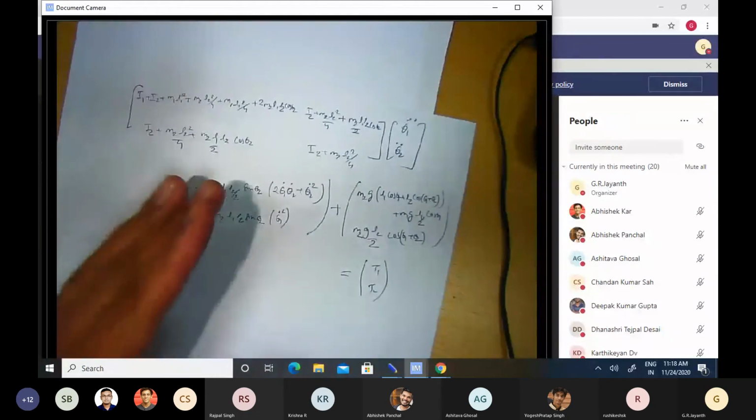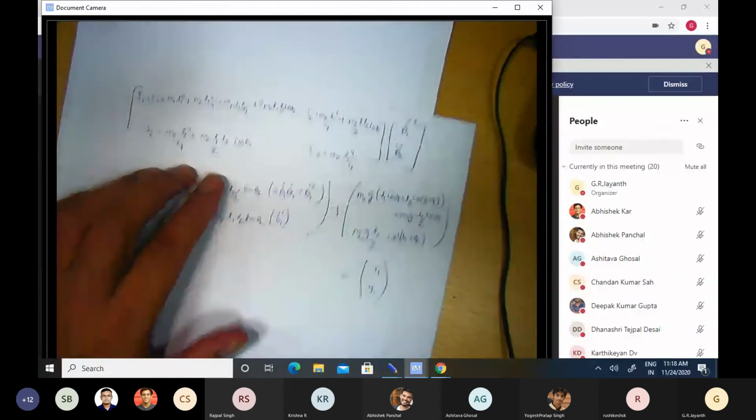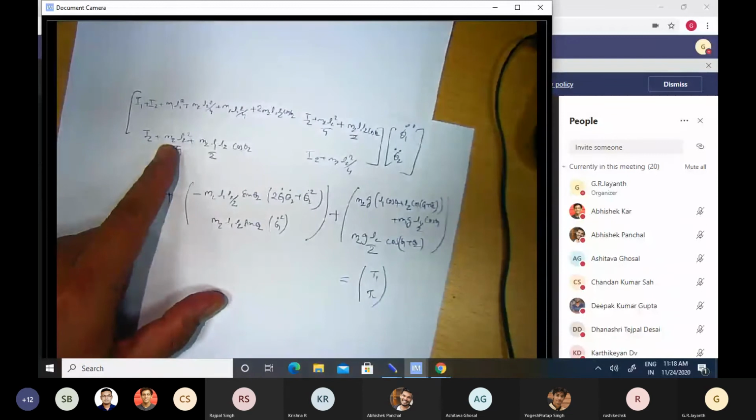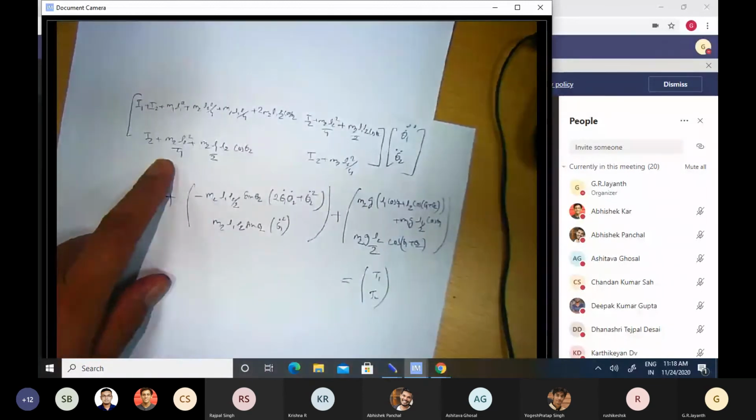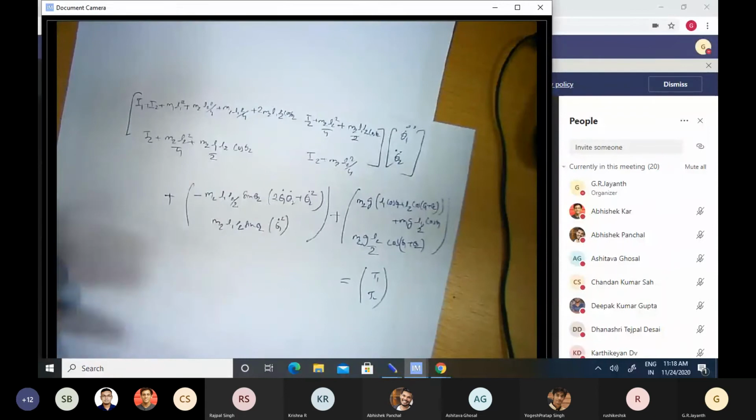The only point that I wish to make in connection with this is the fact that the inertia matrix is symmetric. If you see the off-diagonal terms, they are identical in their appearance, and that is a more generally applicable fact, and we can also show that more rigorously.